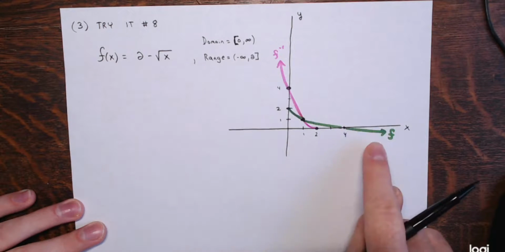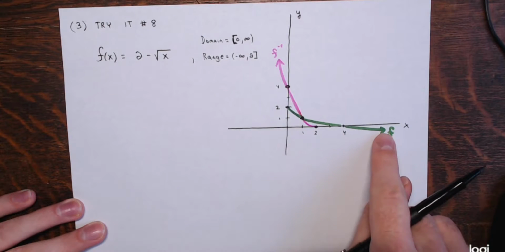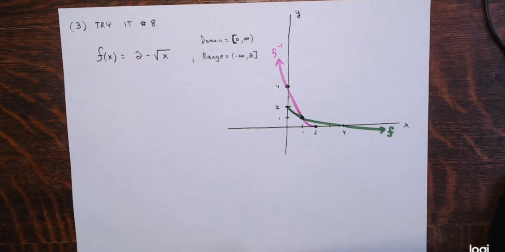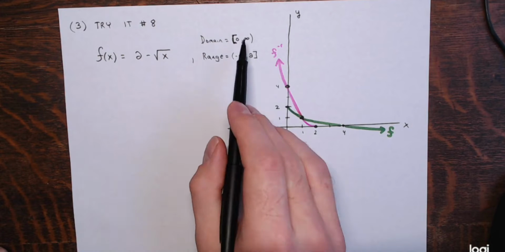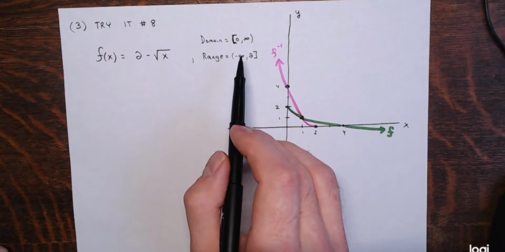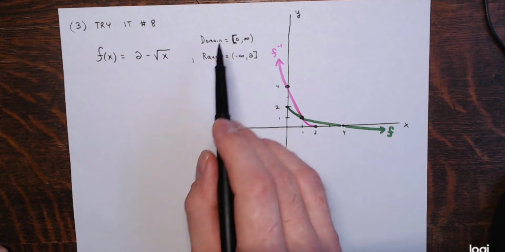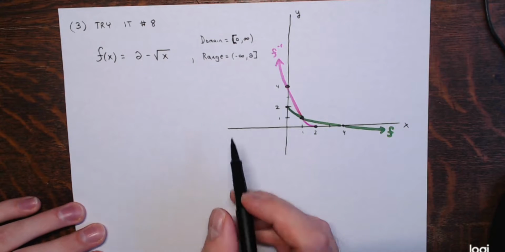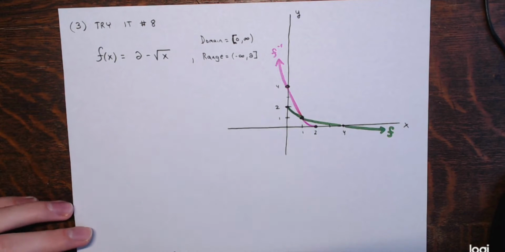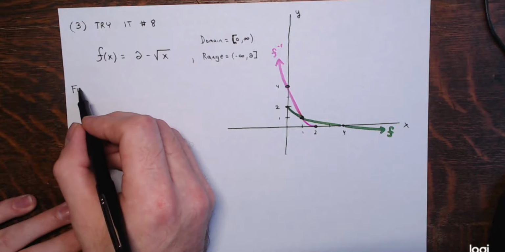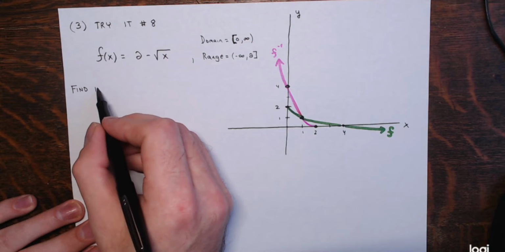If you go up the y-axis, the graph of f has a range of negative infinity to 2. So keep that in mind. And these are going to be the domain and range of the inverse, just switched. Remember, the domain of a function is the range of the inverse, and the range of a function is the domain of the inverse.